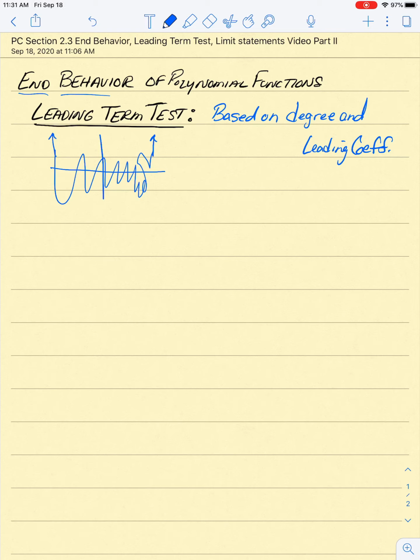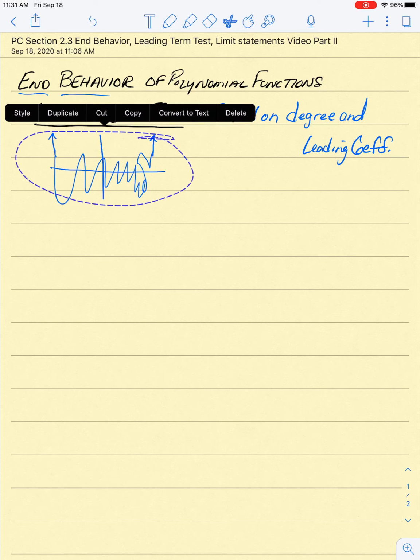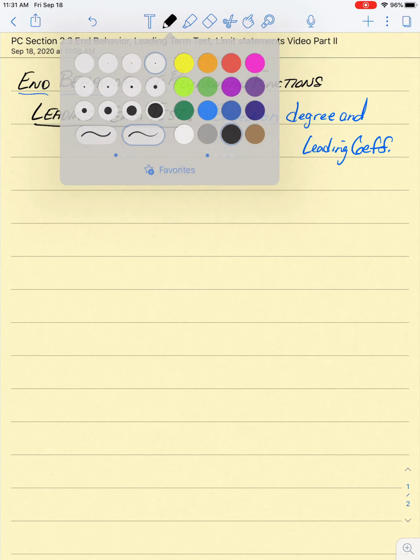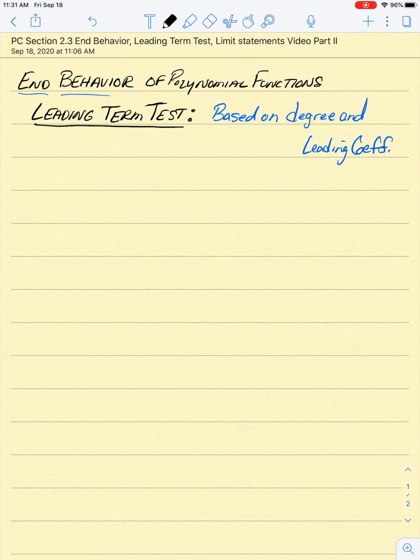All right, so let me get rid of this lovely scribble picture here because we don't need it. All right, so let's suppose that I have a leading coefficient that's going to be greater than 0.